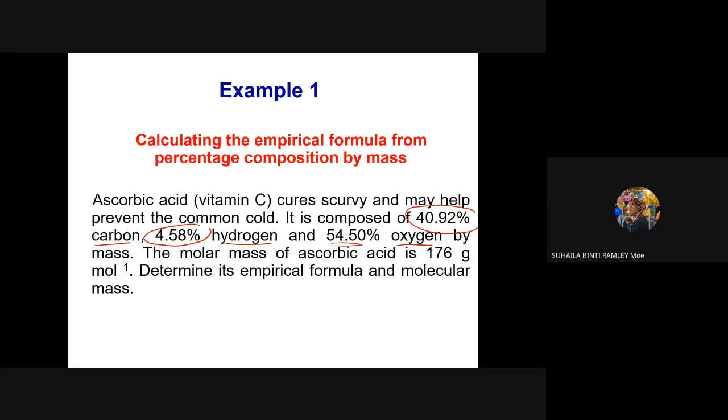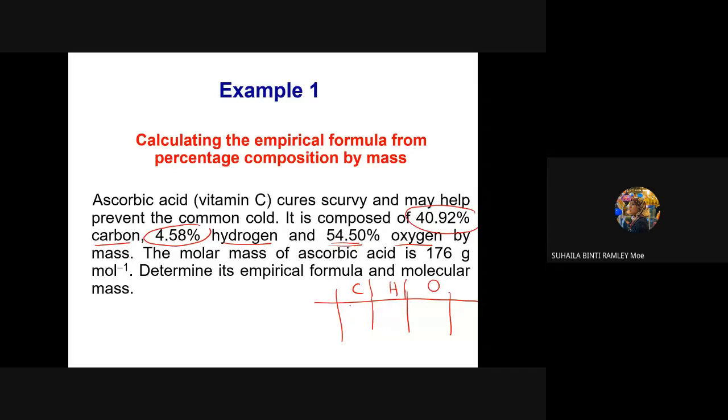Yes, madam. Okay, so kalau semua ni 100%, kita boleh jadikan dia 40.92 gram of carbon, 4.58 gram hydrogen, 54.5 gram of oxygen. Macam biasa dulu pun kamu pernah buat ni, buat table untuk carbon, hydrogen and oxygen.